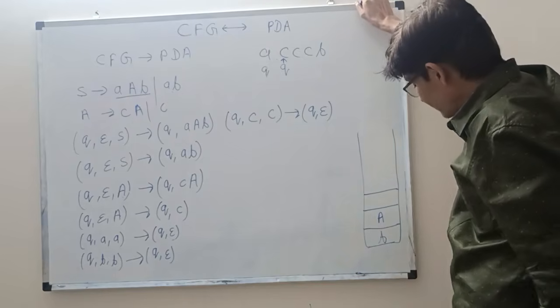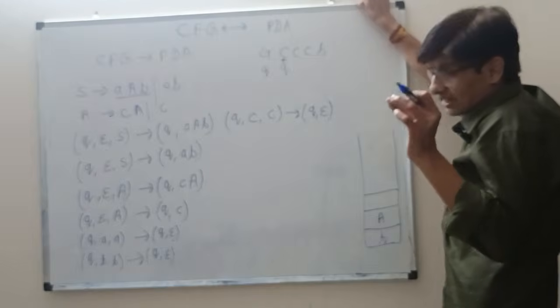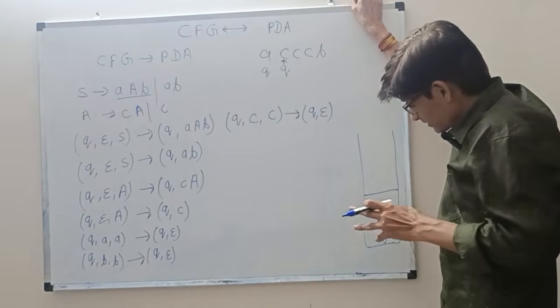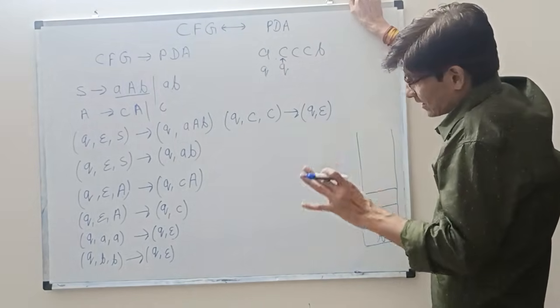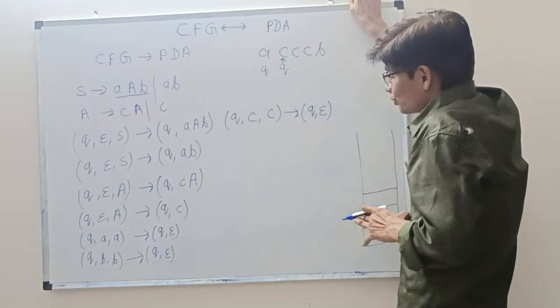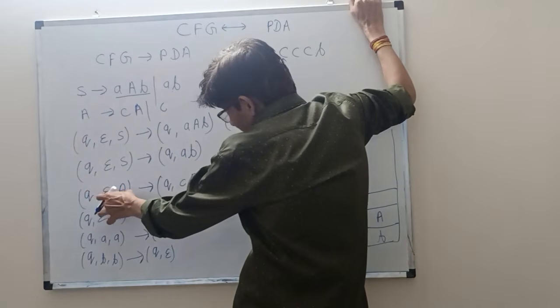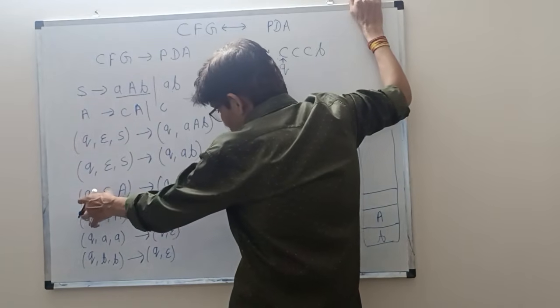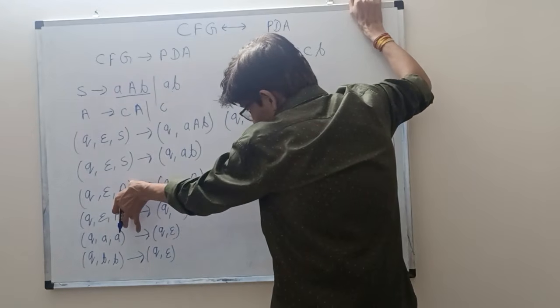We are reading c, but stack top is A. Whenever stack top is a capital A, that means a variable. If a variable is on the stack top, we will not consume any input. So we will read epsilon, stack top is A, we are in q. Again we have two choices here.